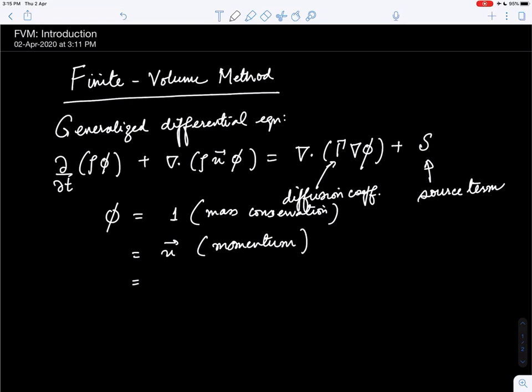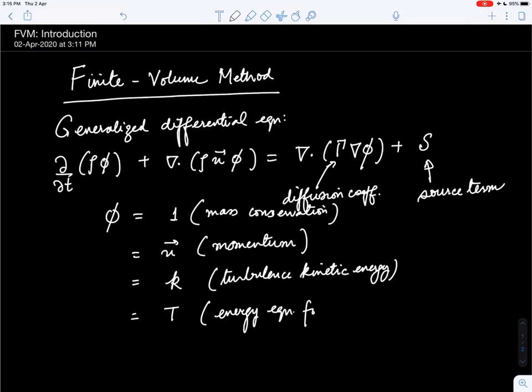We can also have phi as the turbulence kinetic energy, which gives the equation typically used in a two equation model. And phi equal to temperature leads to the energy equation for solids, liquids, and ideal gases.